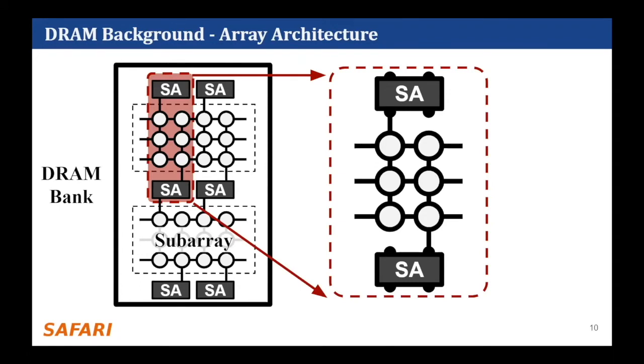Unlike the simplified version introduced in previous lectures, because of the large size of the sense amplifier, the sense amplifiers that are connected to adjacent DRAM cells must be placed in an interleaved manner on the top and the bottom of the subarray. And this is one of the commonly used open bitline architectures that is optimized for density.